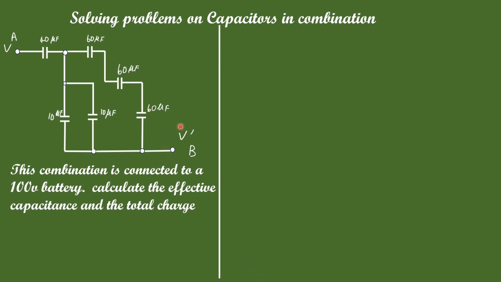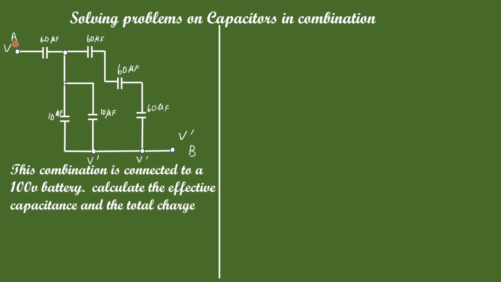At point B, the potential is V dash. From B to the next point, there are no further elements connected, so the potential at this point will be V dash only. Now at this point also, in between, there are no further elements connected, so there also it will be V dash.